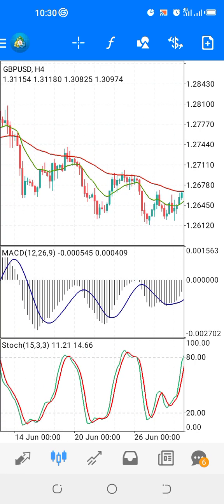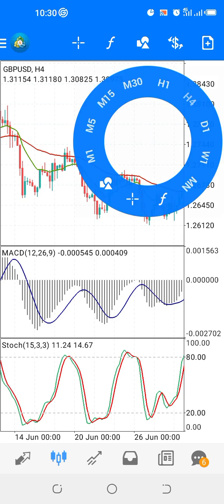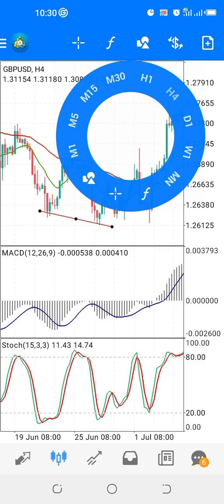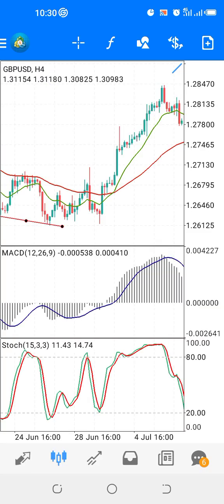Take, for instance, under this condition, if we take a look at this chart, we discover that price is making a lower low and the oscillator at this junction is making a higher high.